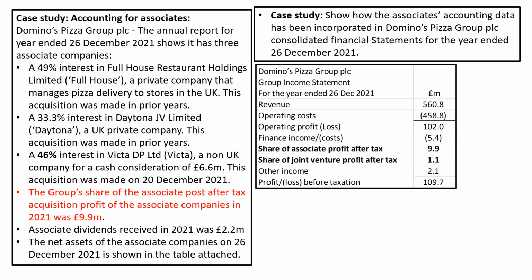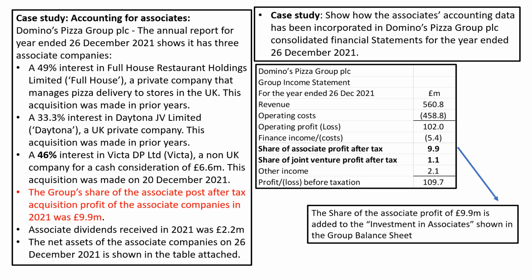As you can see, the group share of the associate post-after-tax acquisition profit of the associate companies was 9.9 million, and this is shown after the operating profit or loss, and the contra entry of this share of the associate profit is added to the investment in associates shown in the group balance sheet.